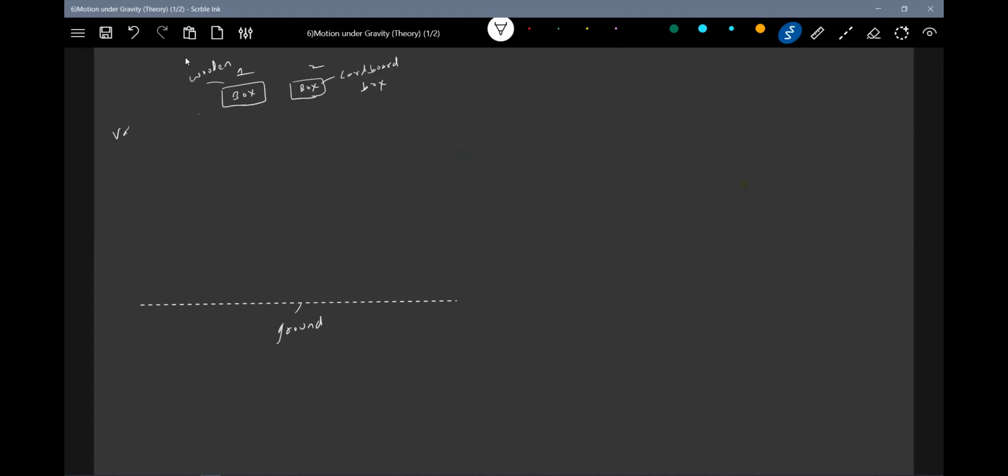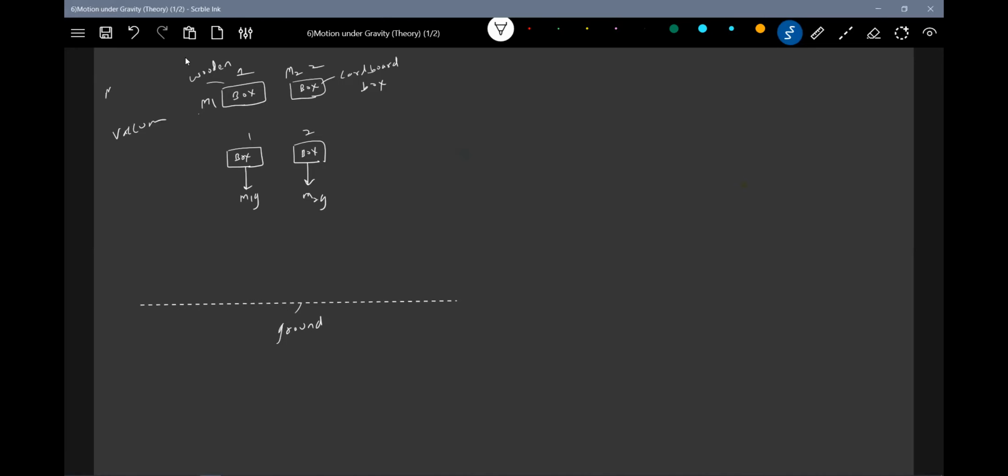And let's do one thing: let this be a vacuum. We have created this. As I release them, under the action of their weight, both of them start falling vertically down. At some instant, the weight of this will act, m1g. Let m1 be the mass of this box, and the second box m2. So m1 is the mass of the wooden box and m2 the mass of the cardboard box, which is lighter.